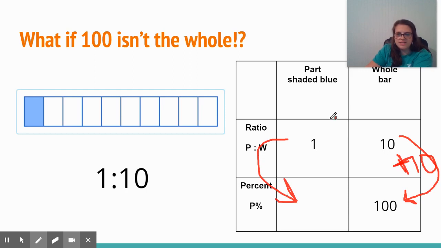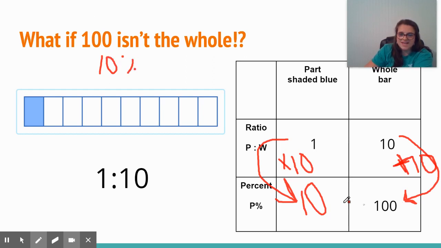So over here, I multiplied by 10, so now I'll do 1 times 10, and 1 times 10 gives me 10. That was pretty easy. Now we know that if it asked us what percent of the bar is shaded blue, we would say 10% of the bar is shaded blue, because that's how we figured out our ratio table.